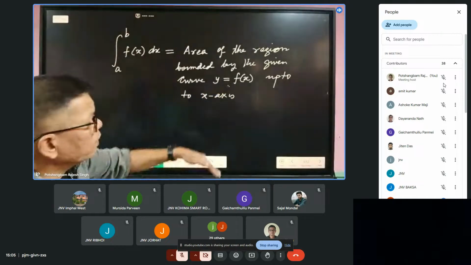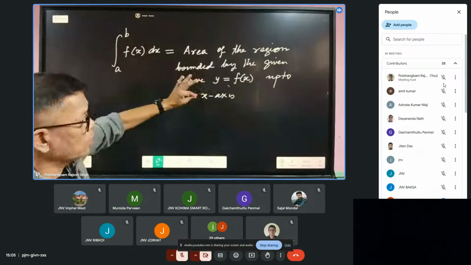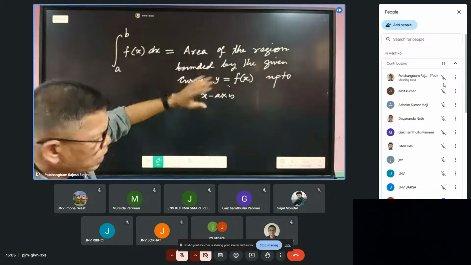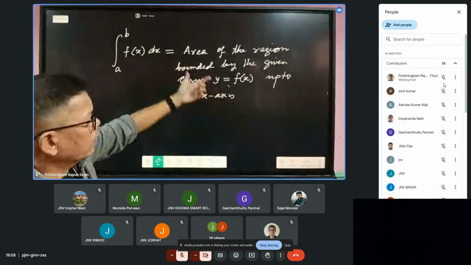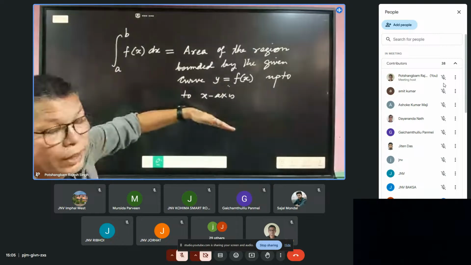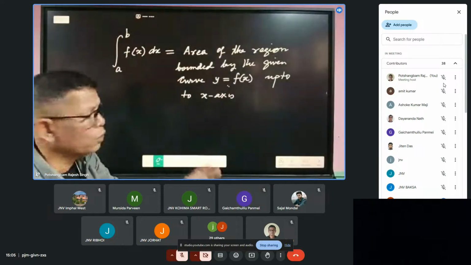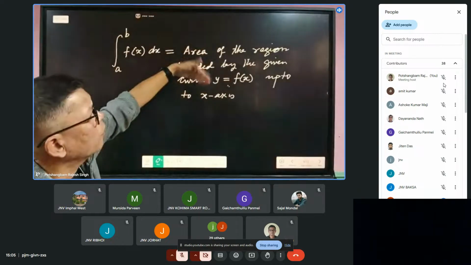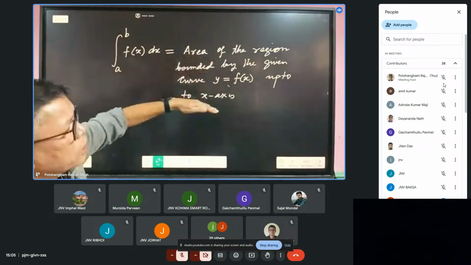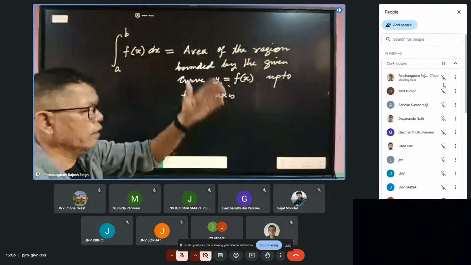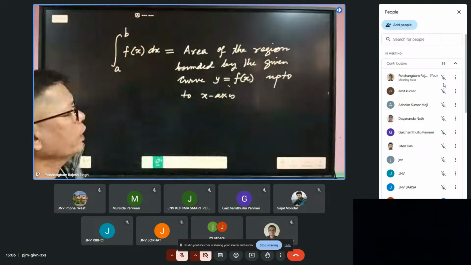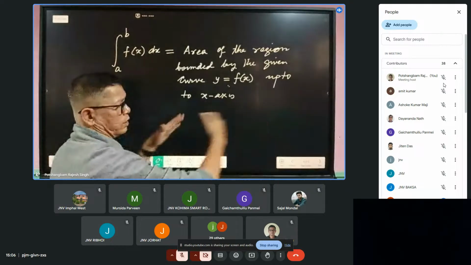For the time being, let me mention here only the x-axis. Sometimes it is your choice. What we define the area up to is dependent upon the issue. You can find the area of the region bounded by the curve and the x-axis, or sometimes the area of the region bounded by the y-axis. Regarding this measure, I will explain in a different way.